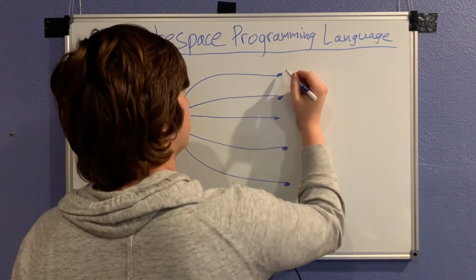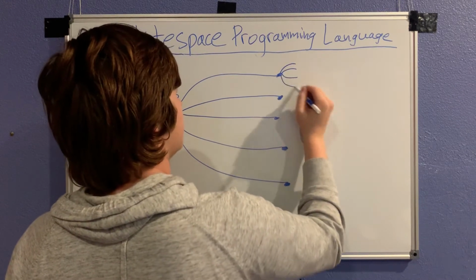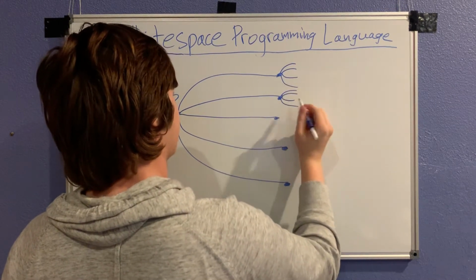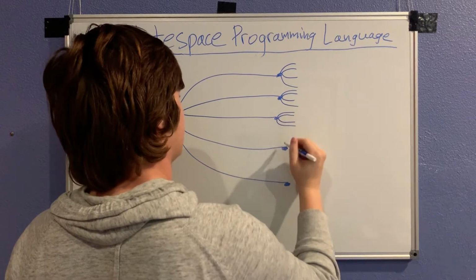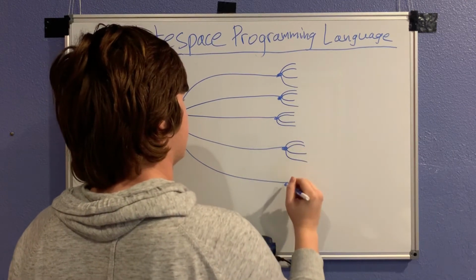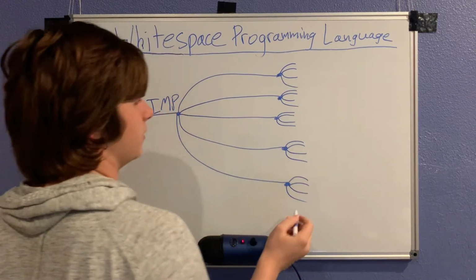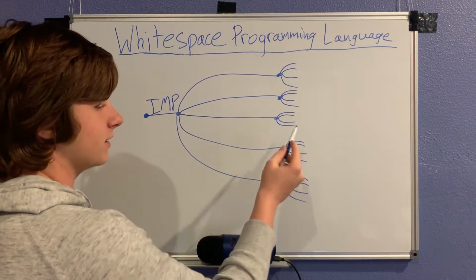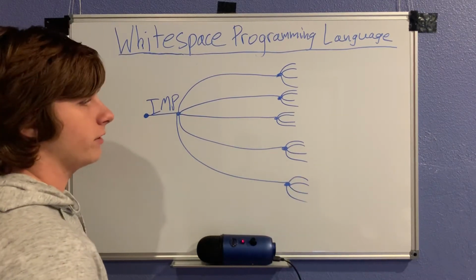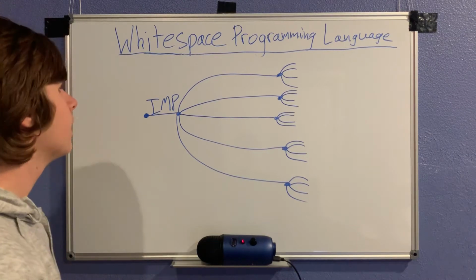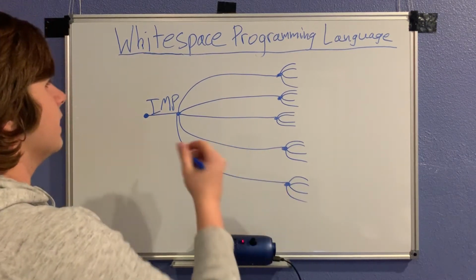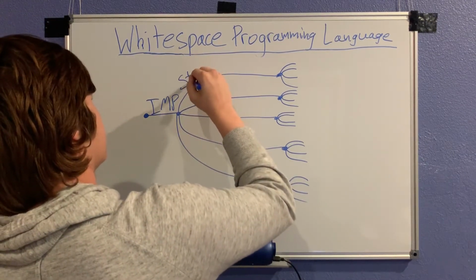So after you do that, each IMP has different branching commands that it can do. And think of these branches as doing something like adding, subtracting, pushing or popping from the stack, and stuff like that. So the first IMP is the stack manipulation.